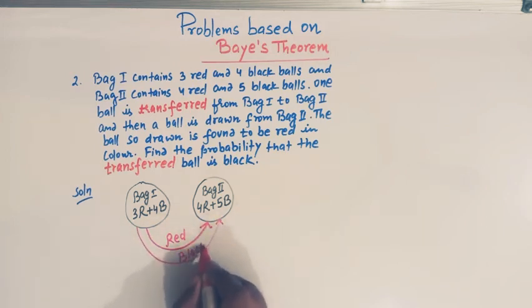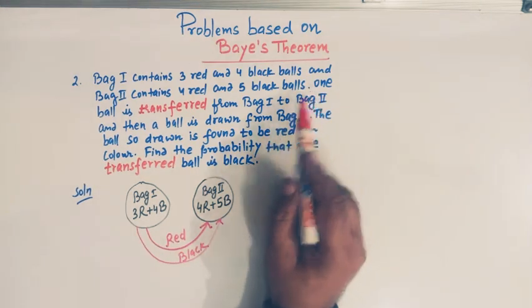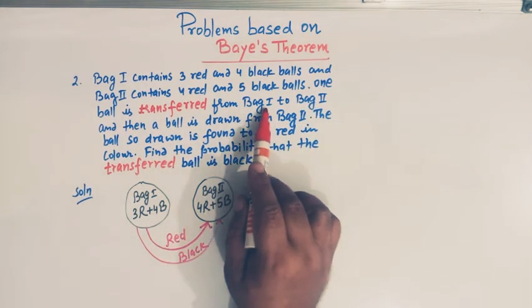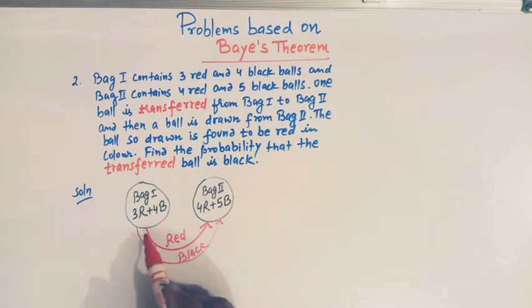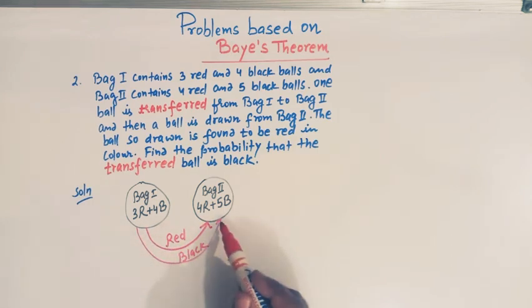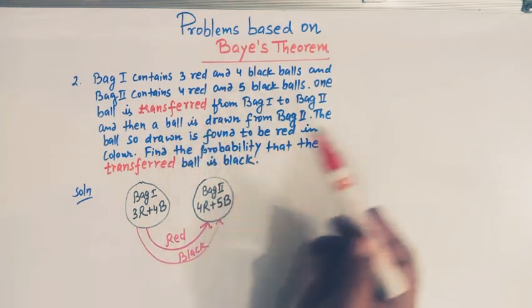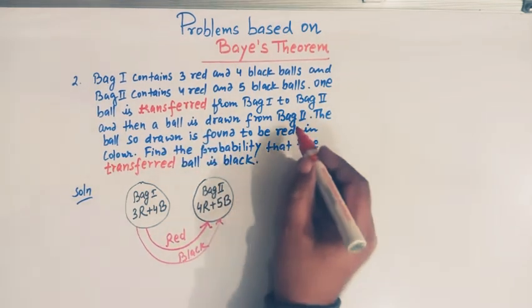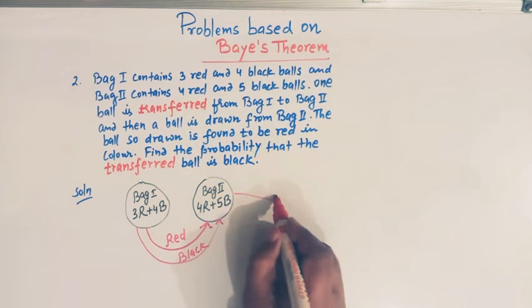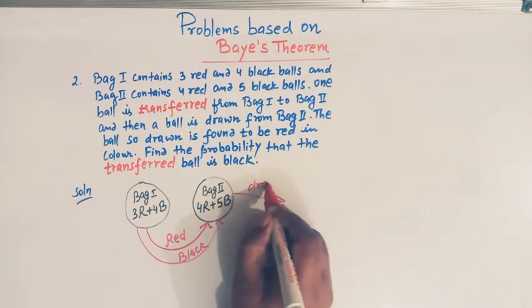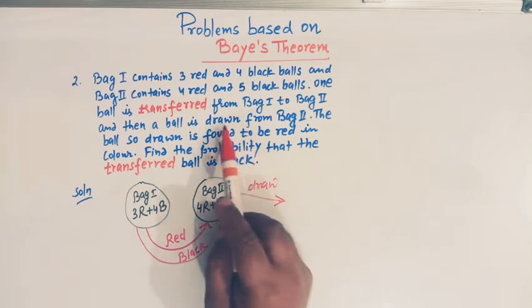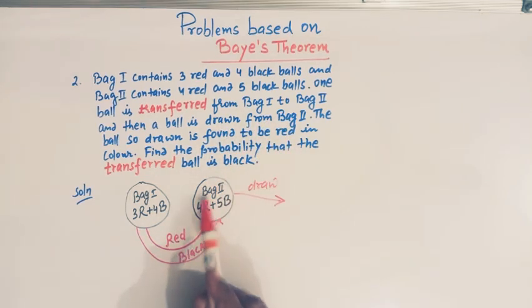So the transferred ball may be red or may be black, and then a ball is drawn from bag 2.